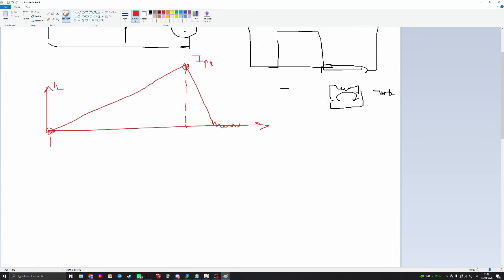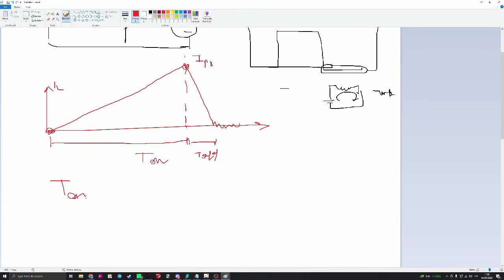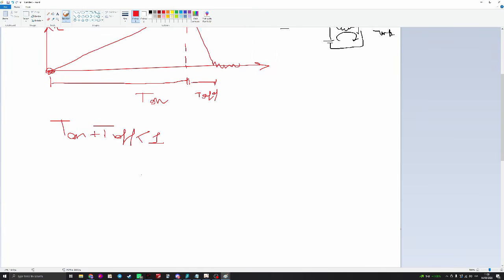Every parameter basically revolves around the T on. If you have the T on, you can easily calculate the T off, which is this one. And when the T on plus the T off is less than 1, you are in DCM condition.